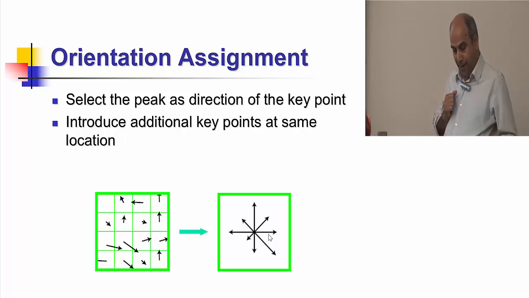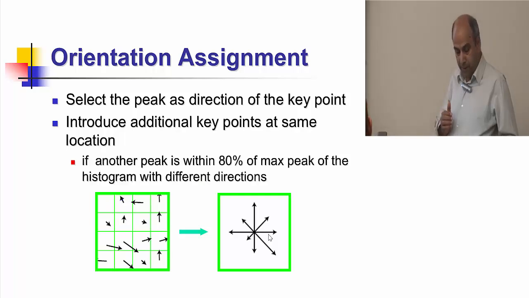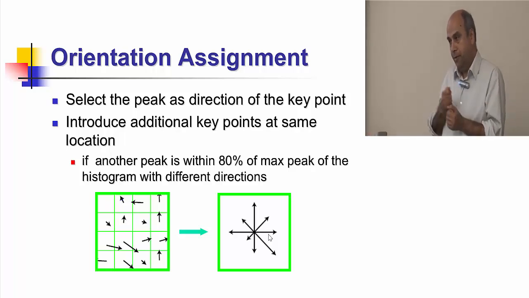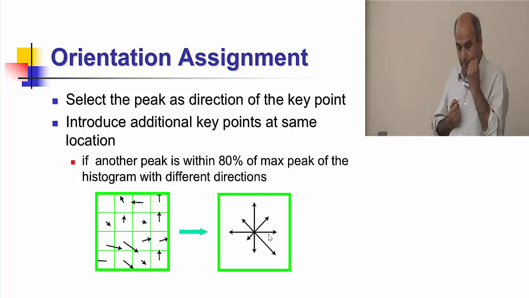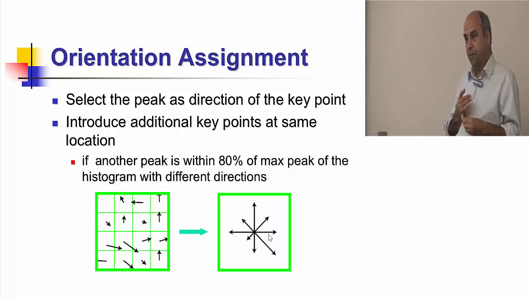So that way it will give you much more information as compared to just looking at the highest peak. Okay? And if that second highest is within 80% of the first highest, we are going to introduce another peak in that direction, with a different direction, with whichever the peak is. Okay, so that's the orientation of the interest point.